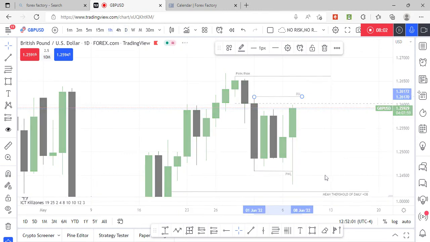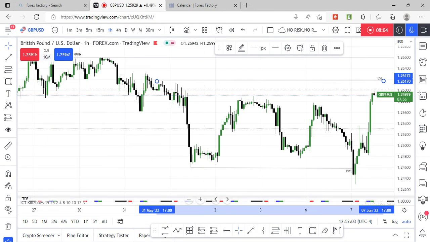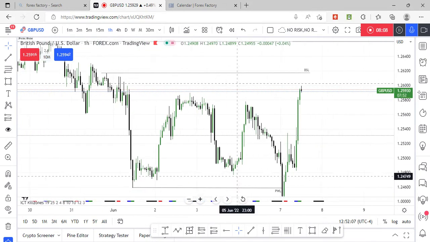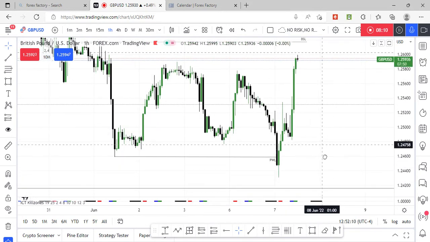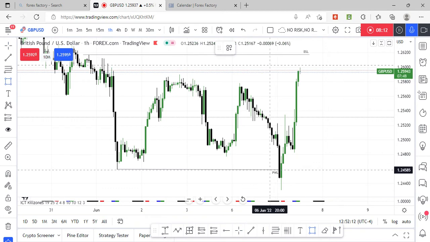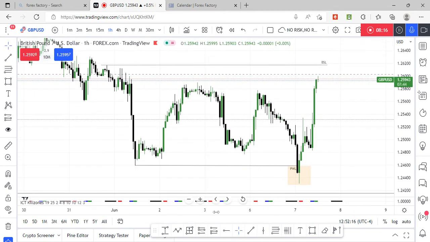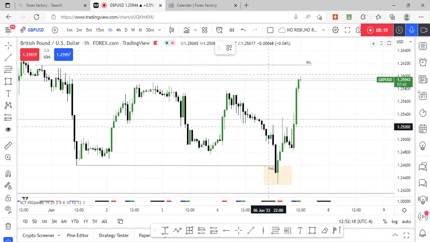On the 1 hour chart, this is sell side liquidity, these are liquidity pools, and this is the market structure shift. Why? Because this is the last swing high.